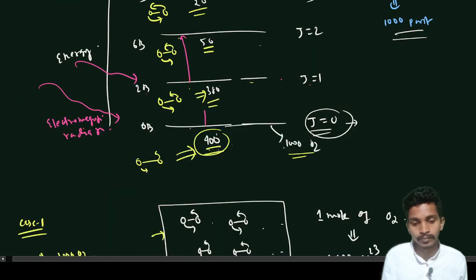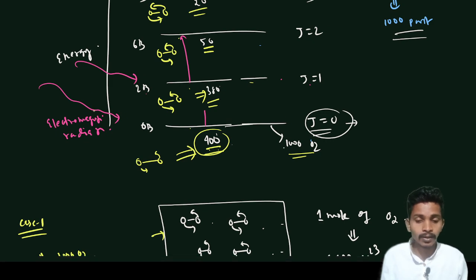so if we give electromagnetic radiation to the lower energy levels, then the number of molecules that absorb the radiation and go to the higher energy is very high, so here we will get high intensity.